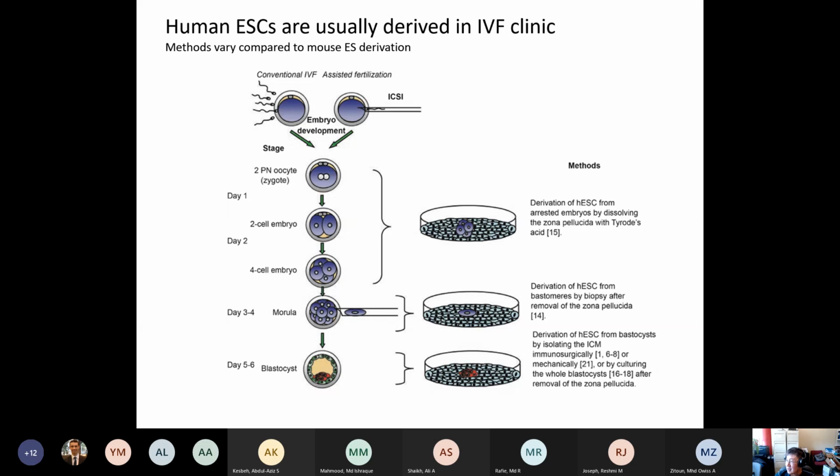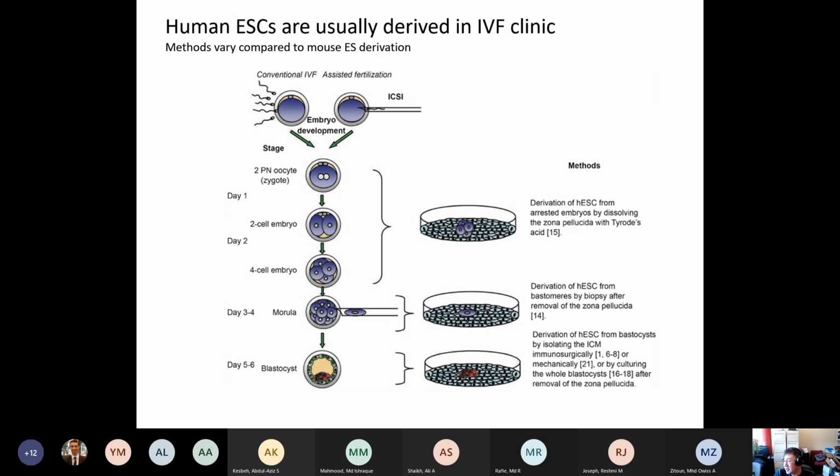But there's another major difference between isolation of human and mouse embryonic stem cells. Usually the scientists won't wait until the blastocyst stage. They'll put those cells of 2-cell stage, 4-cell stage, 8-cell stage, put them into culture on feeders. And because the outer layer of human embryo is quite thick, they will use some method to dissolve the so-called zona pellucida.